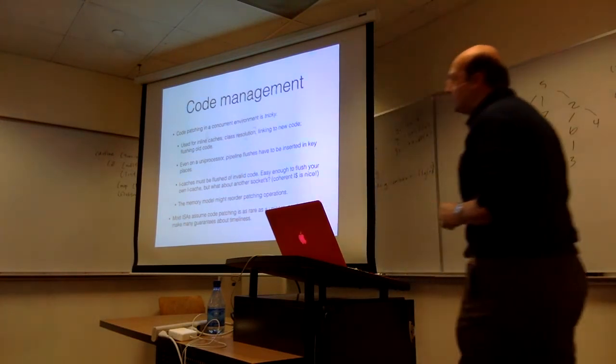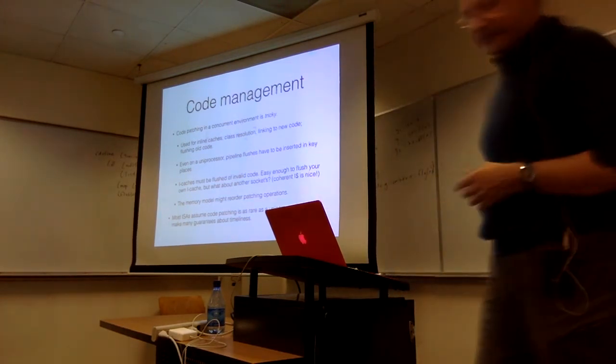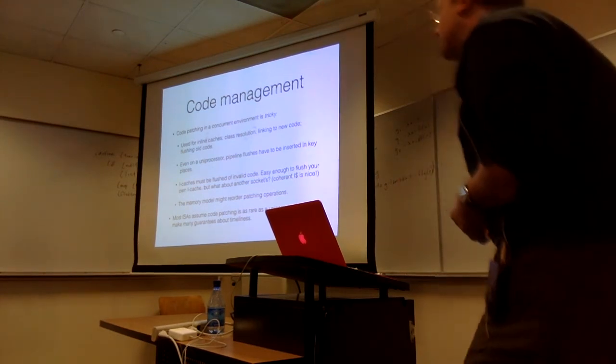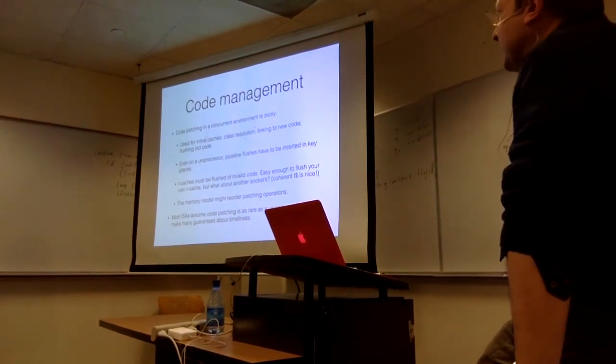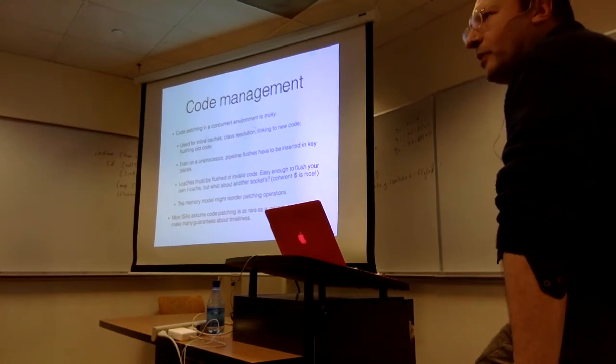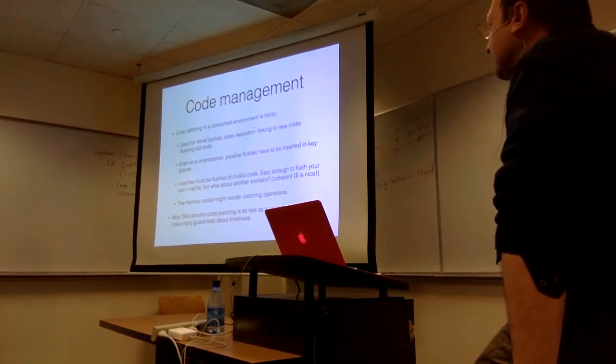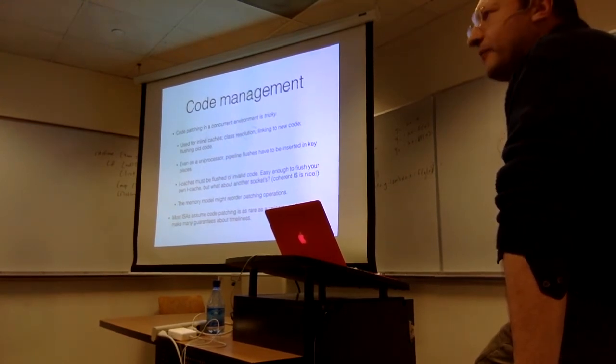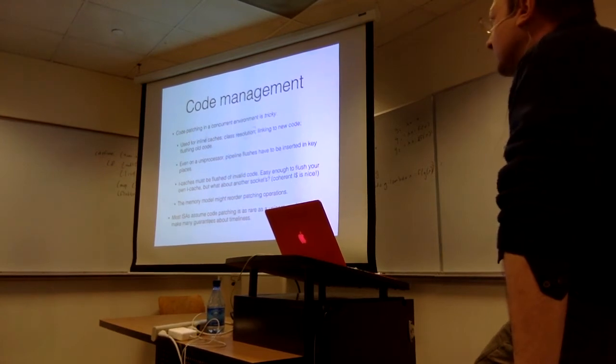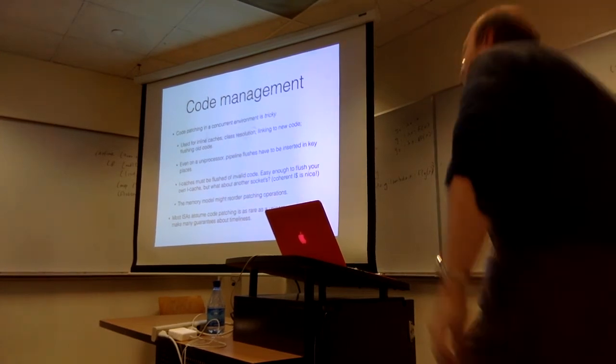When you're on a multiprocessor, you also have to flush invalid code out of the iCaches. It's easy enough to flush your own iCache, but what about flushing somebody else's iCache? If it's coherent and you don't have to do that, that's great, but mechanisms for doing this on most architectures that don't have coherent iCaches are really painful.